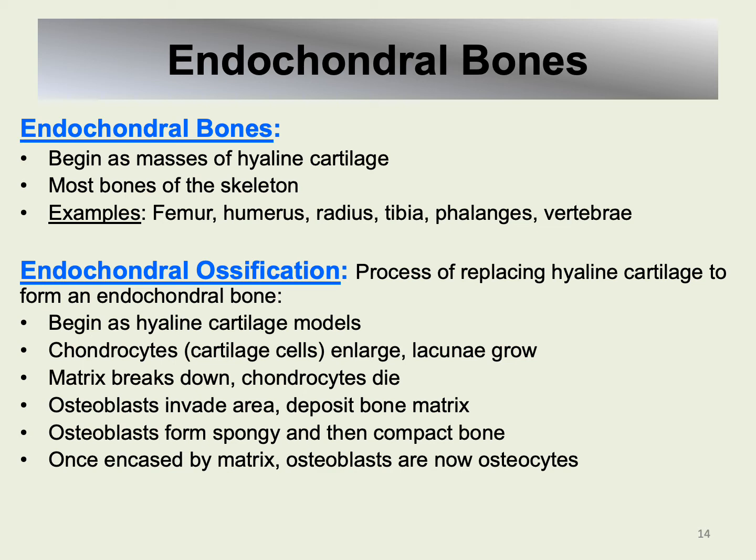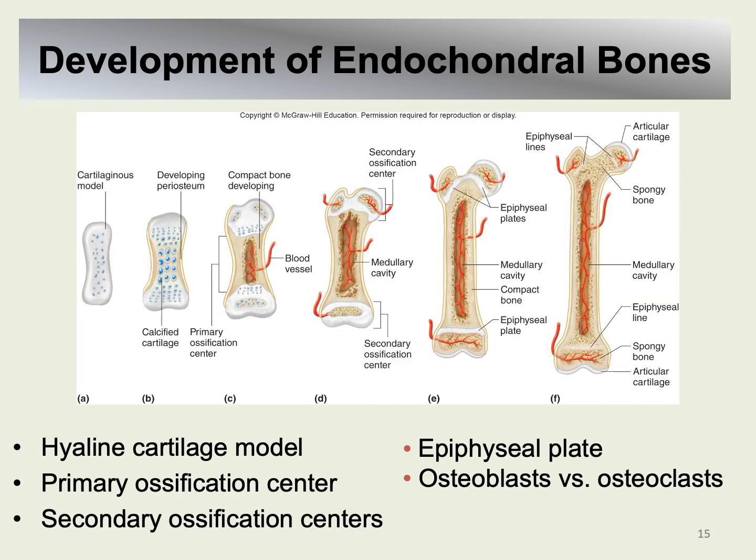The matrix breaks down and chondrocytes die, and osteoblasts invade the area and start depositing the bone matrix. Osteoblasts form spongy and then compact bone. Once encased by matrix, osteoblasts become mature bone cells because they are trapped in the lacunae. We call them osteocytes.